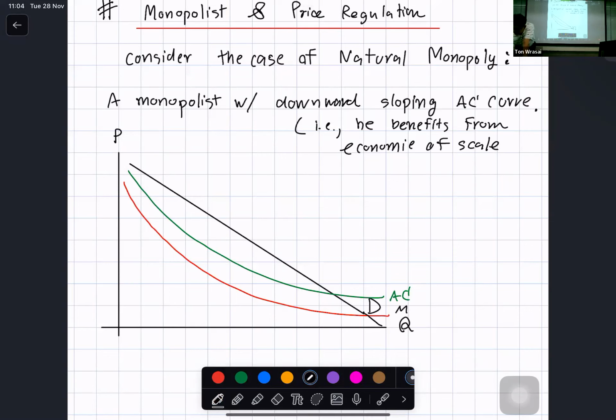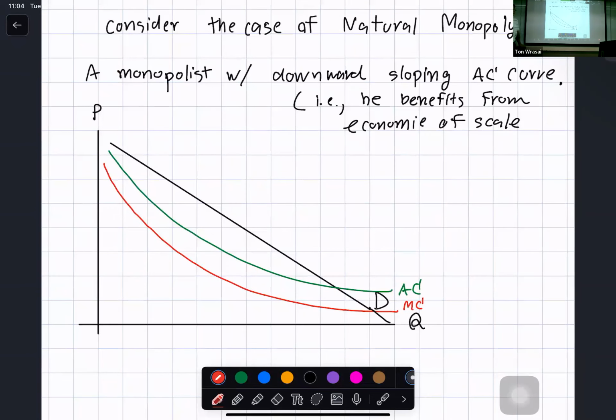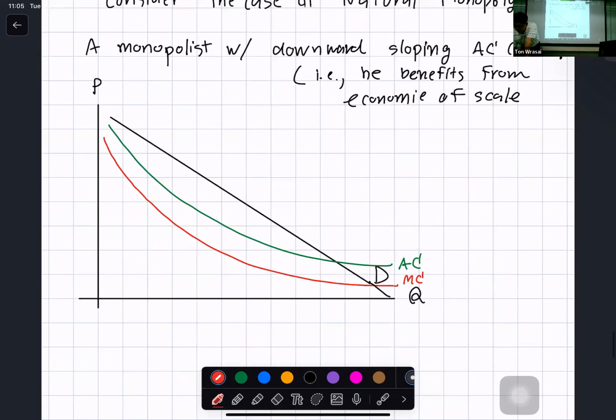MC. All right. So demand curve, average cost curve, marginal cost curve. Next, MR curve, marginal revenue curve.